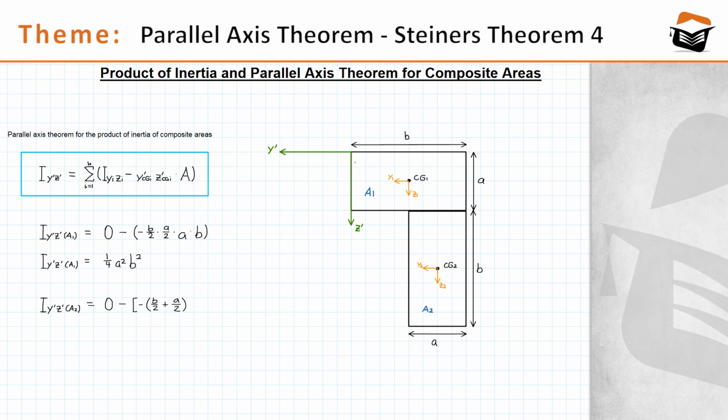and z sub cg prime, that's the z prime distance between the origin of the reference coordinate system and the centroid of A2, and that distance is a plus b half. And that's positive a plus b half. And then don't forget to multiply by the area a times b.